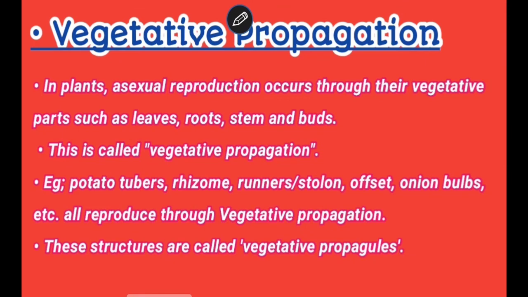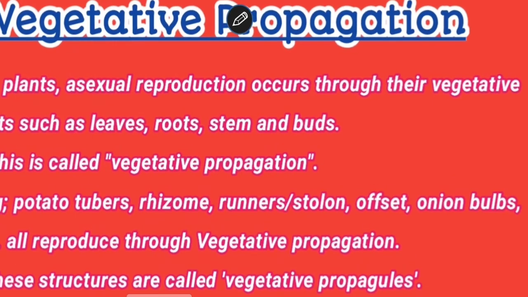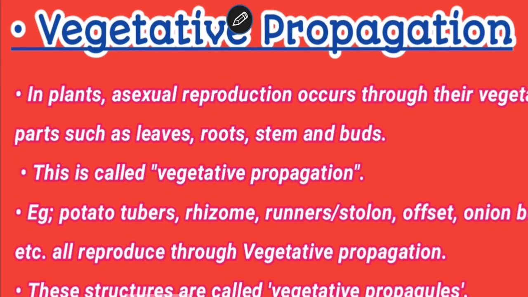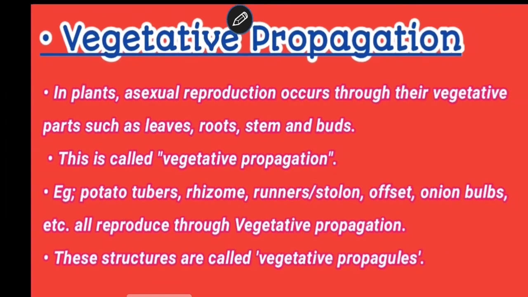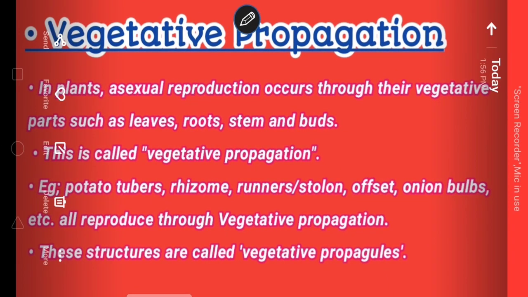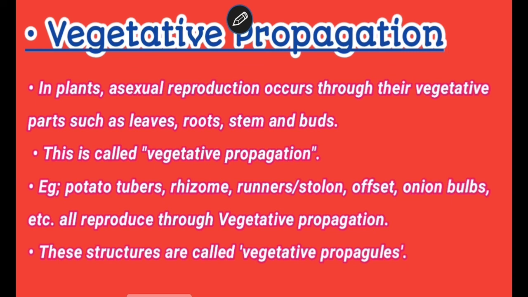Now here we are with the last type of asexual reproduction, which is vegetative propagation. Let's see what vegetative propagation is. In plants, asexual reproduction occurs through their vegetative parts such as leaves, roots, stem and buds. In some plants we can get a new plant from leaves, from the roots, and even from the stem or buds.